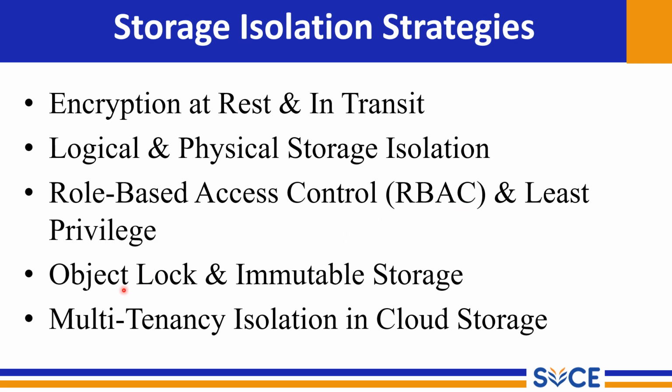Fourth one, object lock and immutable storage. We can prevent ransomware attacks by making the storage immutable, like AWS S3 Object Lock or Azure immutable blob, where we can't change such things. That is what the lock means. And next one, WORM.